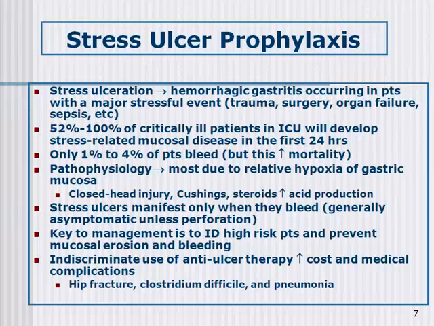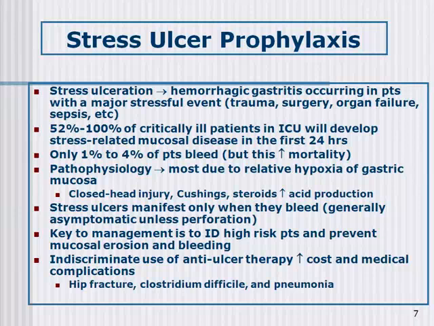But in the critical care setting, the pathophysiology is really hypoxia to the gastric mucosa. So anytime there is hypoperfusion to the gut on a relative basis, then you're at risk for stress ulcer.